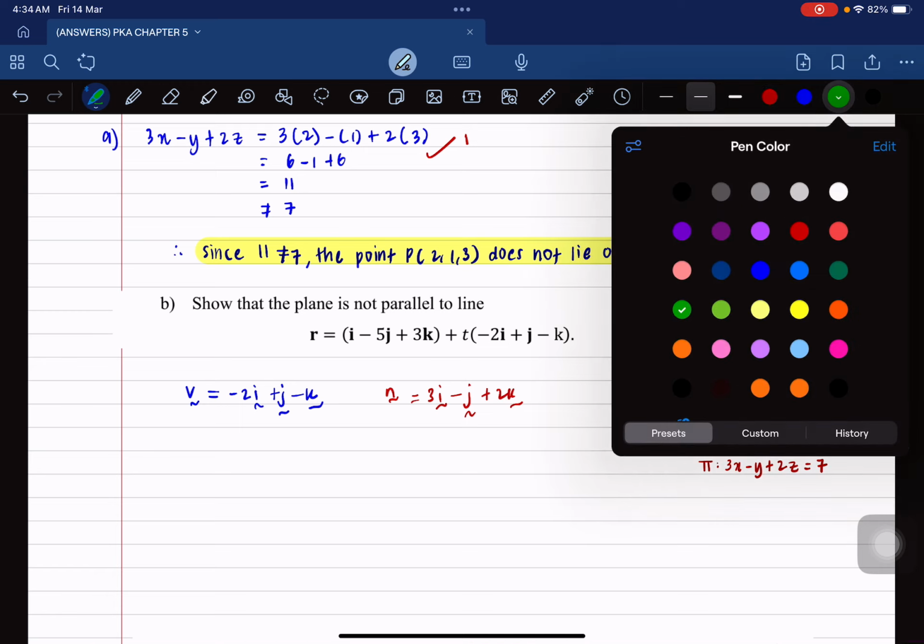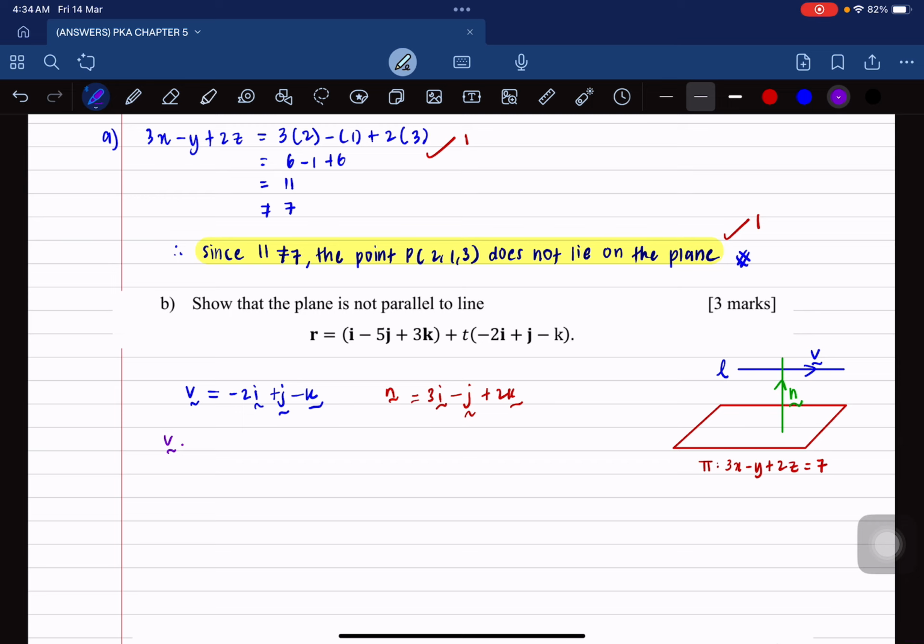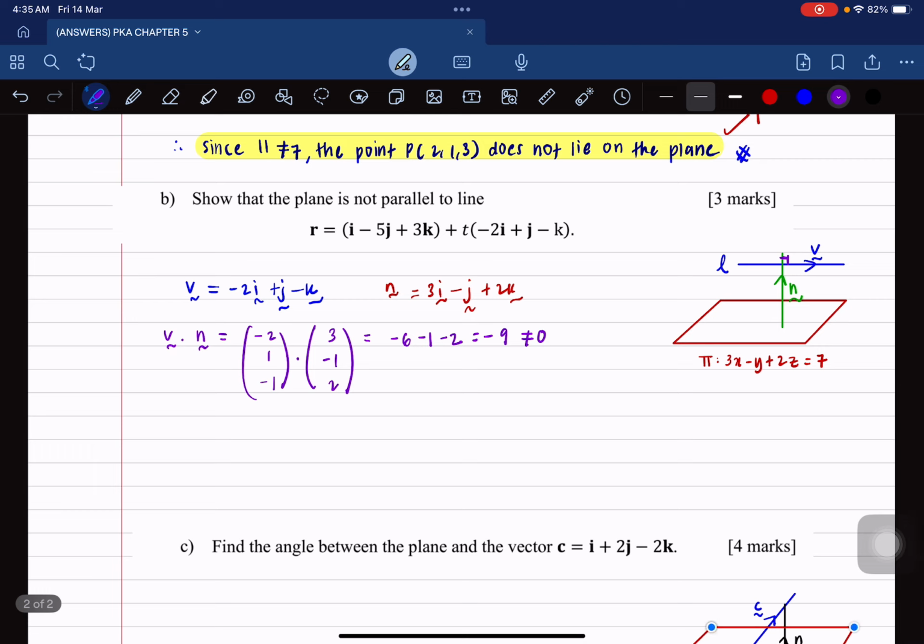We're gonna dot product the two of them, to show that they are not perpendicular, since we are going to prove that the line is not parallel to the plane. So we have negative 2, 1, negative 1, dotted with 3, negative 1, 2. So we have negative 6 minus 1 minus 2, which gives us negative 9, and it is not equal to 0.